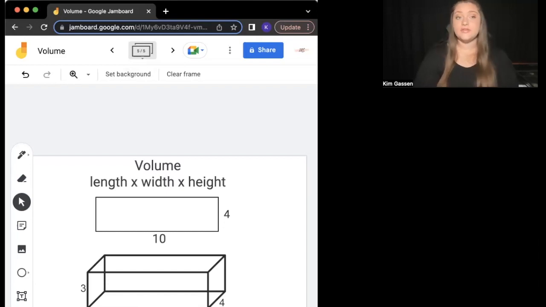So our length is 10 feet times our width of 4 feet. What do we get? 4 times 10? 40, correct. And then we take our 40 times the height of our box. How tall is our box? 3 feet. So 40 times 3 equals what? 120 feet cubed because it is three-dimensional, okay?